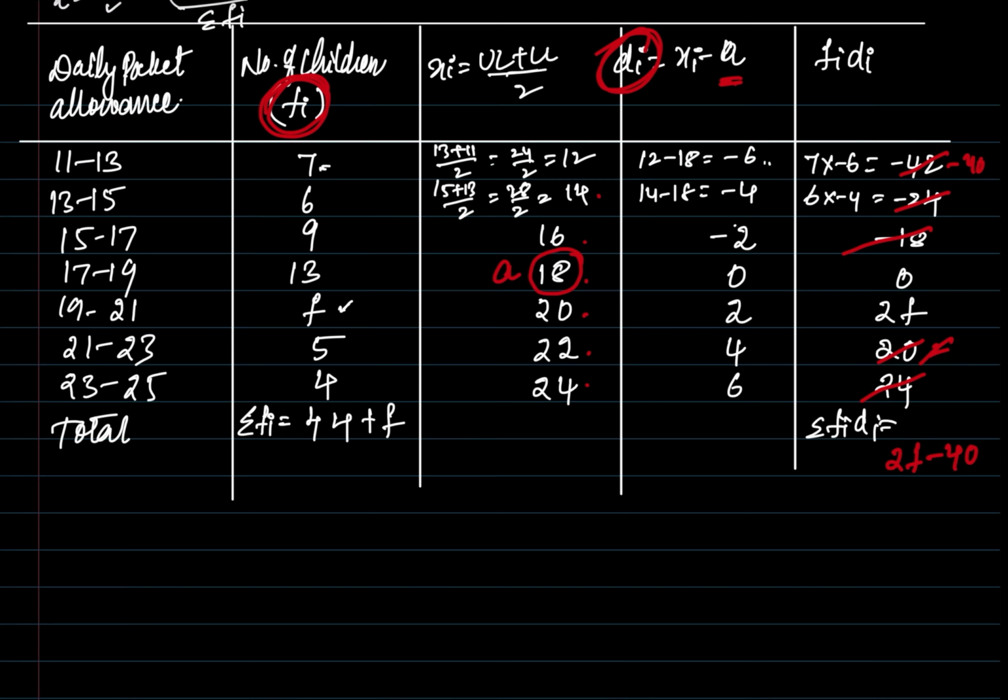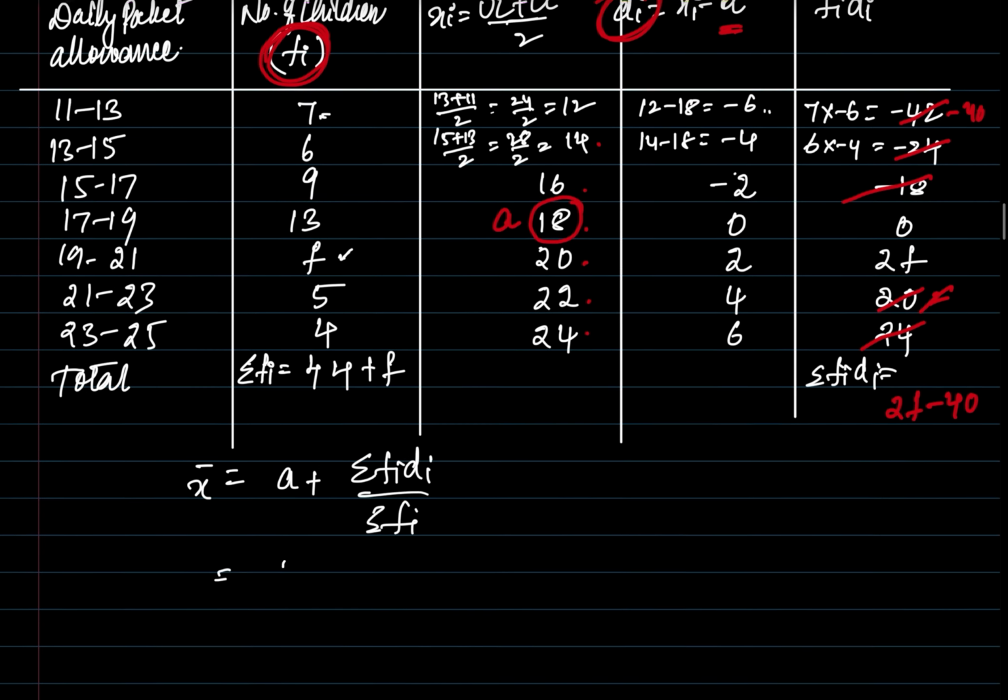Okay. After finding this fi di value, what we have to do? We have to find the mean. X bar is equal to A plus sigma fi di by sigma fi. Okay. So here A is 18 plus sigma fi di is 2f minus 40 by sigma fi, which is 44 plus f.